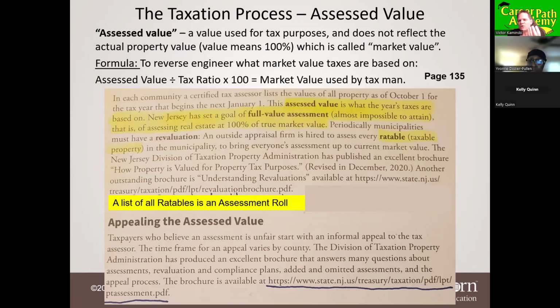Now, if that sampling of homes that they did appraisals on were all remodeled and updated, well, then they're basing all the homes in the neighborhood on that value. And your home may not have been remodeled and updated. So then you may be getting overtaxed. So the only way to figure this out is you'd have to try to do a tax appeal.